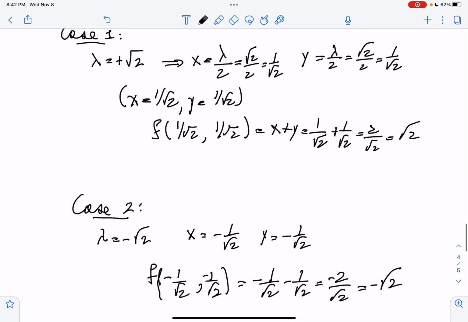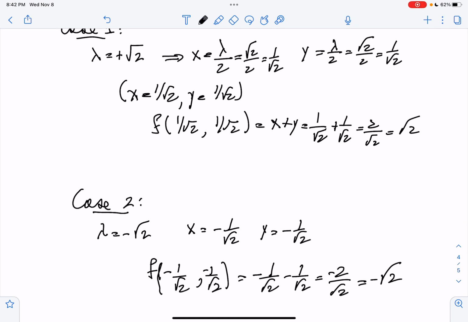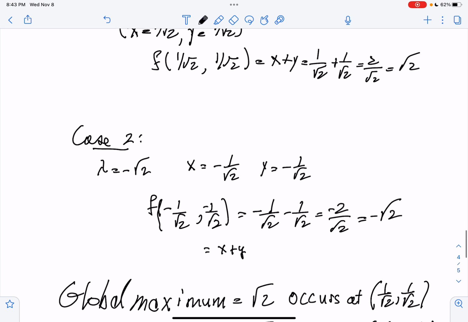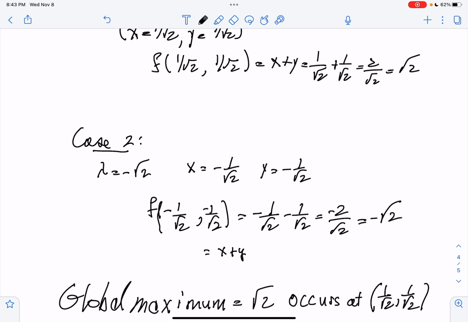Now we do the whole same thing again for lambda equal minus root 2. If you do your calculations, you'll get x is minus 1 over root 2, and y is minus 1 over root 2. Plugging that into the f, which again is x plus y, we get minus 2 over root 2, which is minus root 2. And our global max and global min have to happen at these 2 points where we had the tangency. Remember, that was how we came up with the Lagrange multiplier formulas.